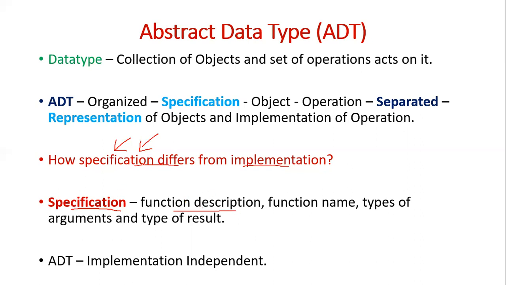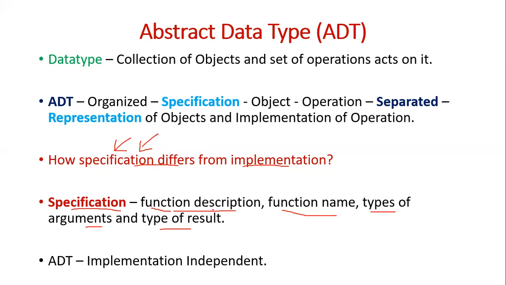And then, what are the operations that can be performed on this particular data type. For different operations, there may be different functions available. So the names of those functions, and each function may take some arguments and may return some result. Specification includes all these things.